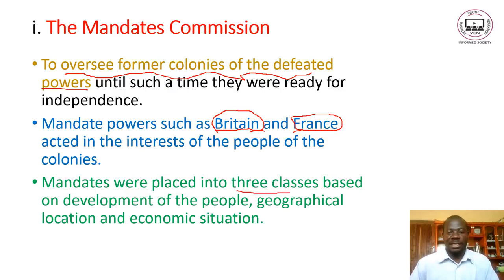There are three classes of mandates, based on the development of the people, and again geographical location, and also economic situation of the people. So those were the categories in which they were put.